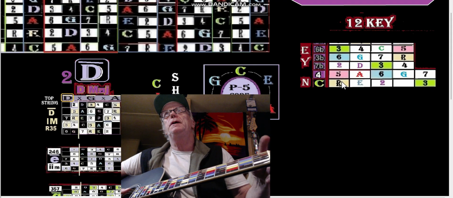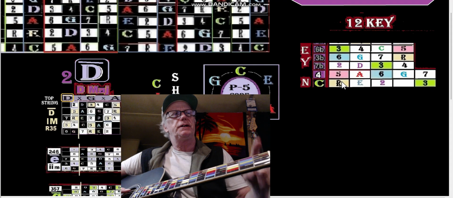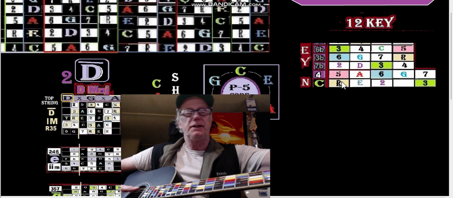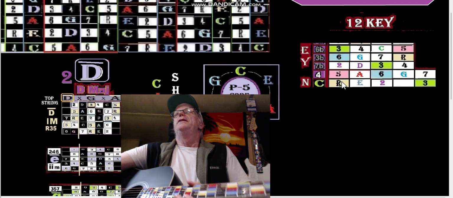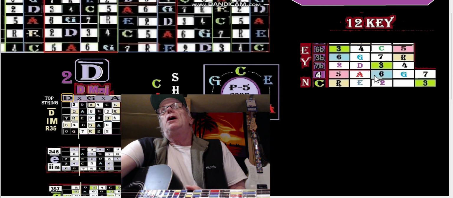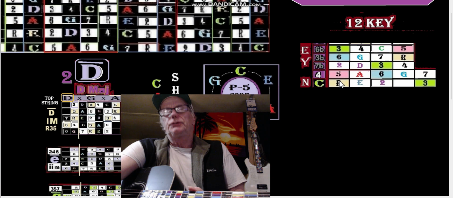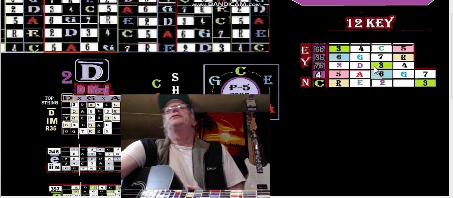The lowest playable note, if that root is C, which it is. In cello, it is C. Okay? Then these are our triad notes.